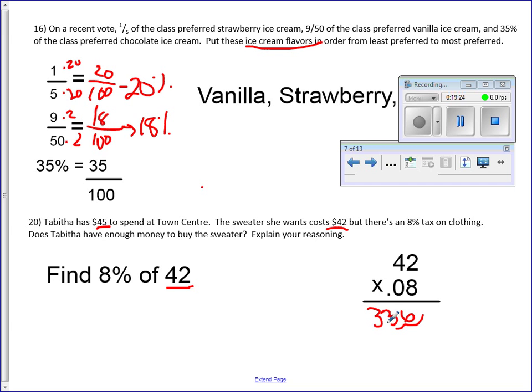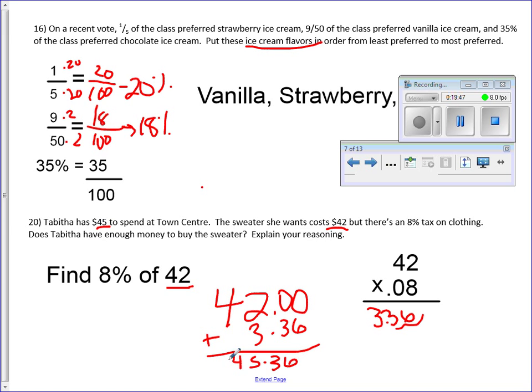So it makes sense that my decimal goes here. So now, the tax is $3.36. I need to add the tax to the price of my sweater. So $42 plus $3.36. When I add these together, the total cost of the sweater is $45.36.